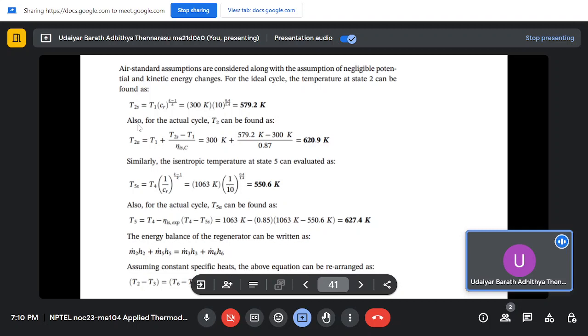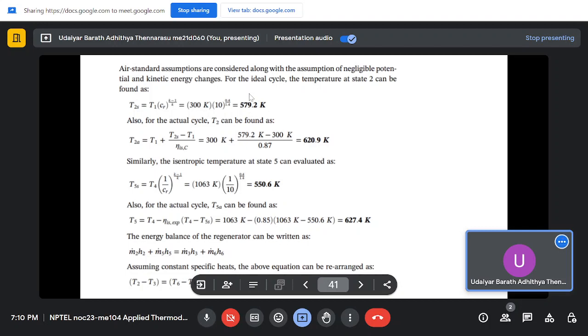Here your temperature at state 2 is equal to T1 into the pressure ratio raised to the power (gamma minus 1) by gamma. State 1 is 300 Kelvin, the pressure ratio is 10 and gamma is 1.4. So 0.4 by 1.4 will come out to be 579.2 Kelvin.